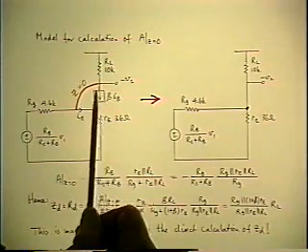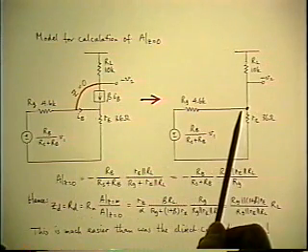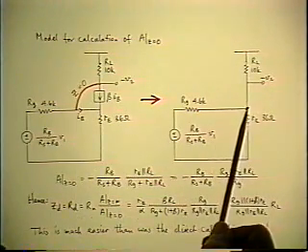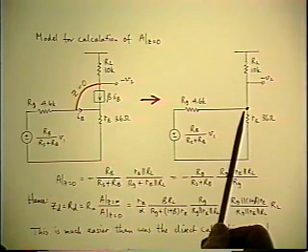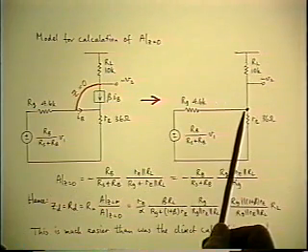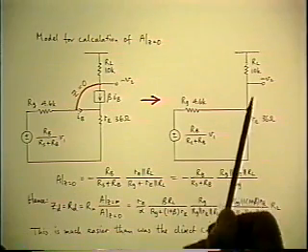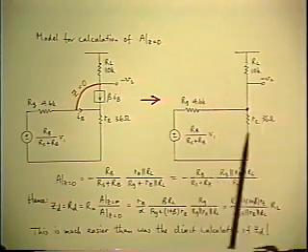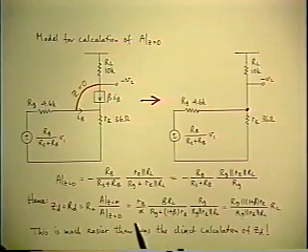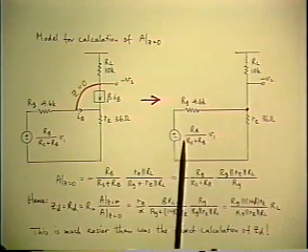Because if you short the collector to the base, the transistor collapses to a point, like a black hole. And all you're left with is a simple resistive divider to calculate the gain, V2 over V1.